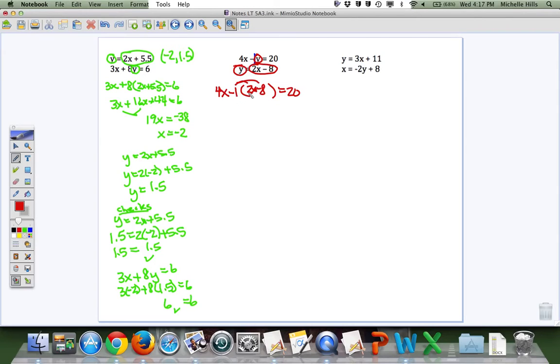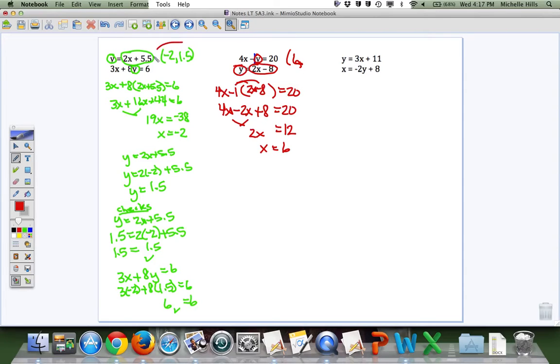Some distributive property is going to get 4x minus 2x plus 8, because it's like a negative 1 times a negative 8 equals 20. When I subtract 8 from both sides, I'm going to get 12 on the right. And when I do my 4x minus 2x, I get 2x. When I divide both sides by 2, x is going to equal 6. So my answer is going to be 6 something.